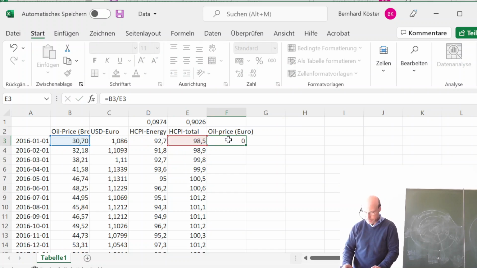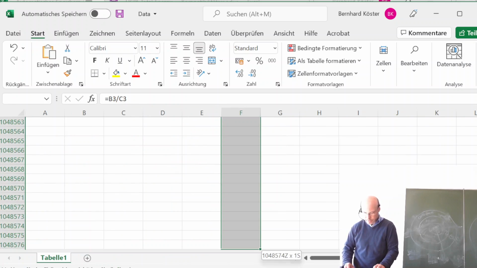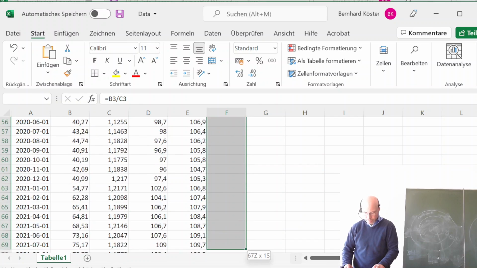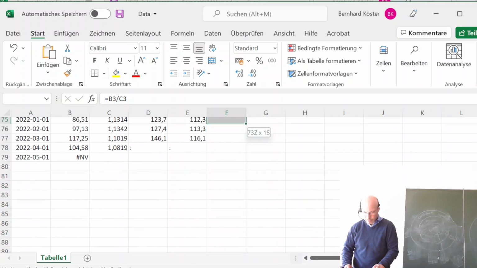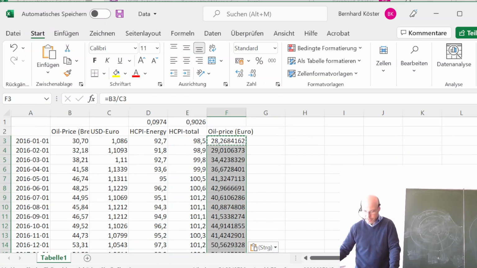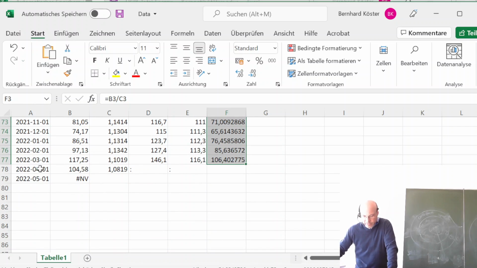Divided by, this is E, it is not rho, it is C. So then you see here we have for the HCPI only data until March.